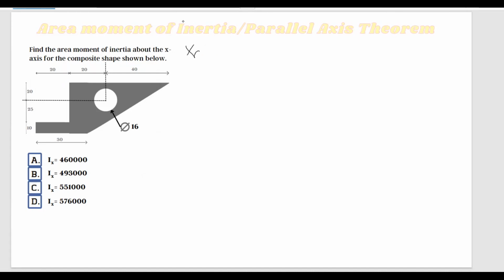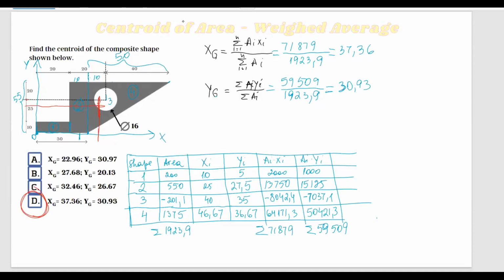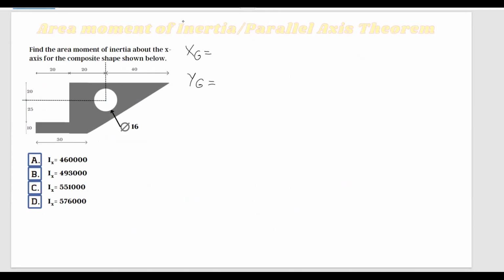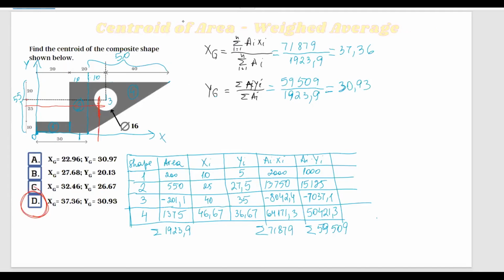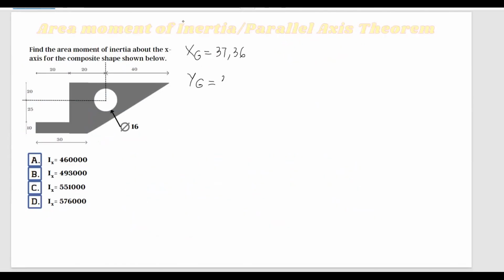So xg equals 2 and yg equals, I'll say 3736 for xg, 3736, and 3093 for yg.